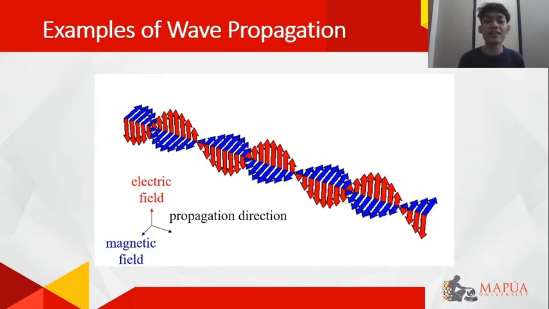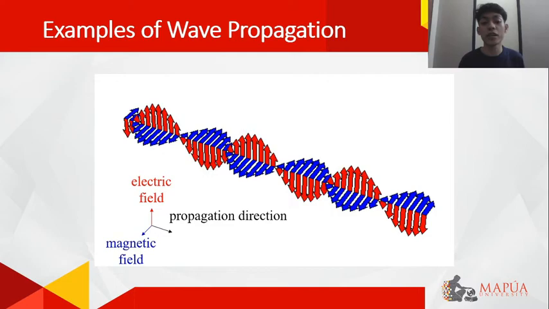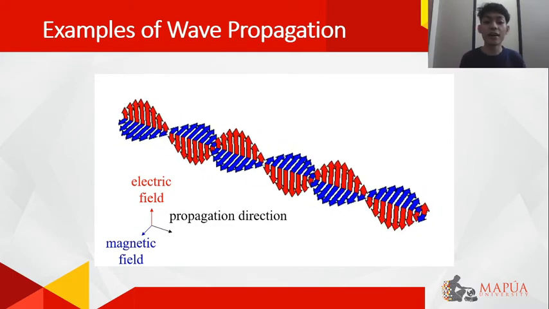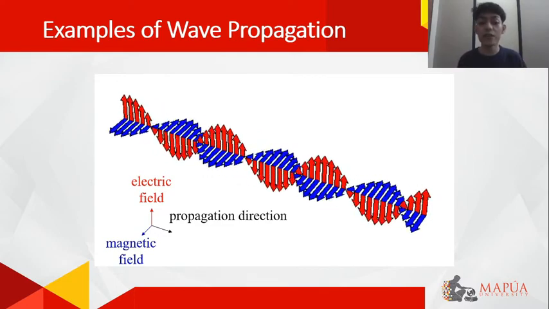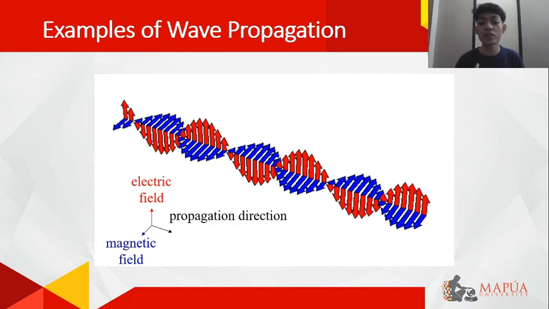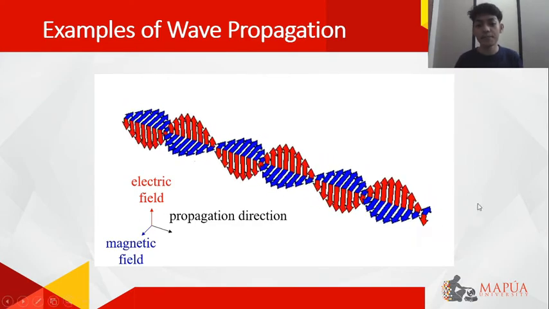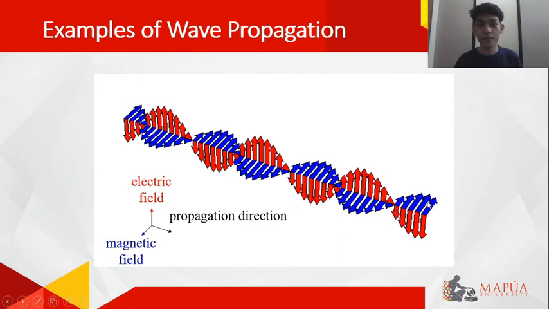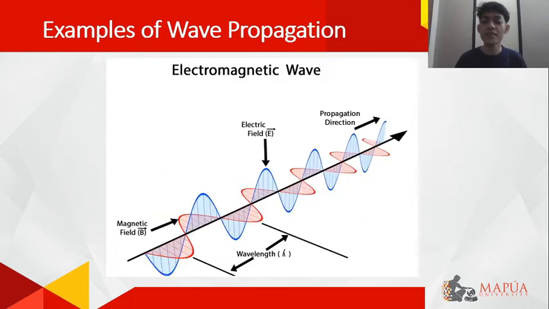Presented on the screen is an example of wave propagation. Here we can see the direction of the electric field, magnetic field, and propagation direction. Here is another example of an electromagnetic wave.